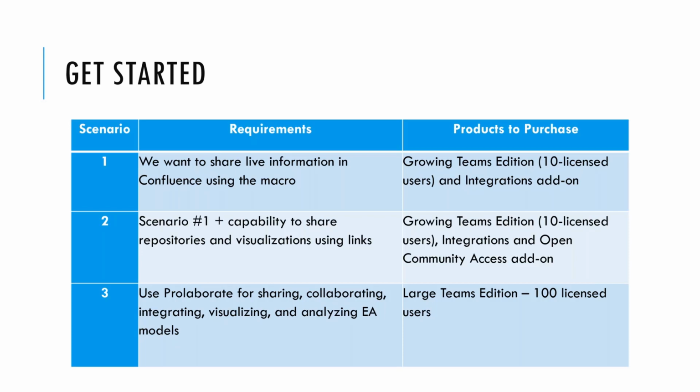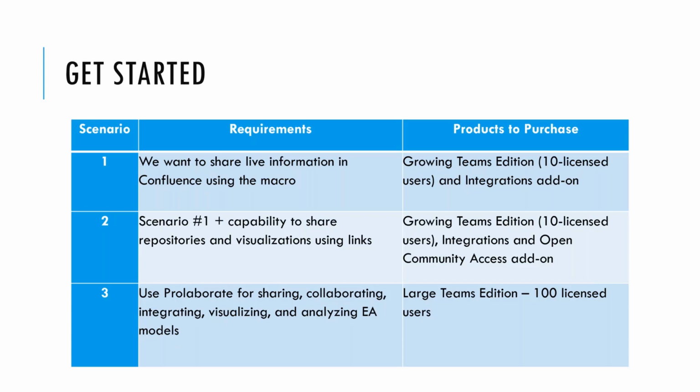The second scenario is, sharing the macro is fine, but we also want to share repositories and visualizations. That link is good, so there would be an additional open community access add-on. The first two are mostly taken by organizations that have an immediate need to fulfill something.